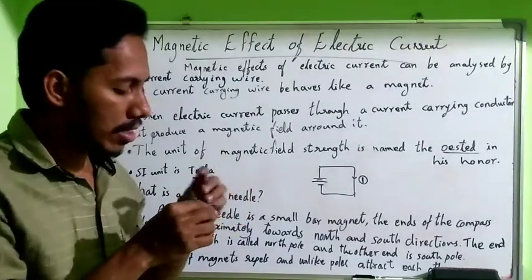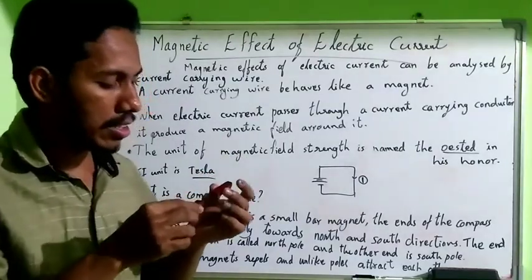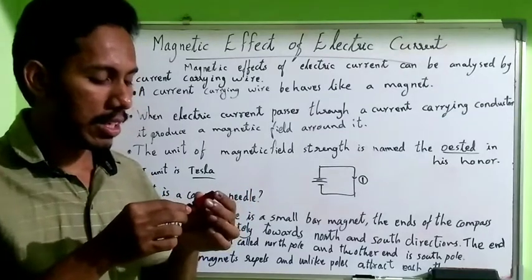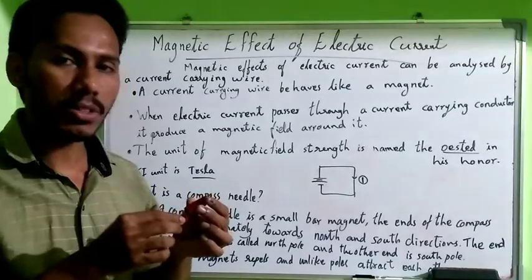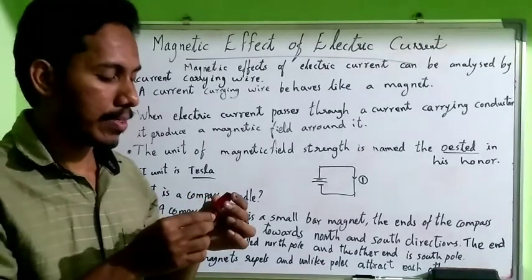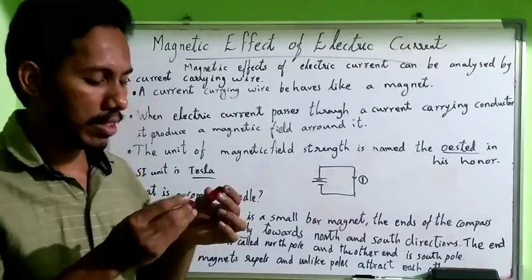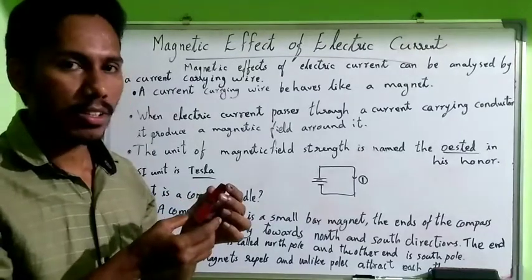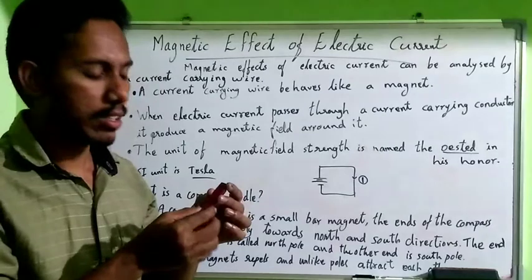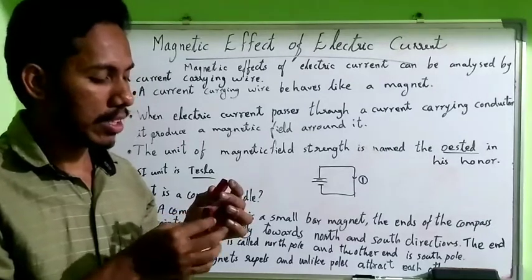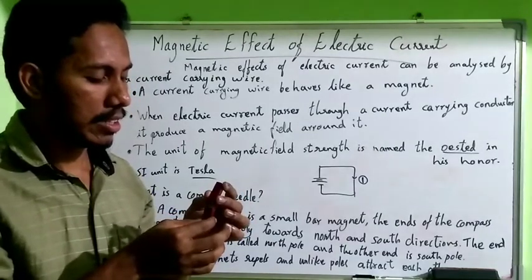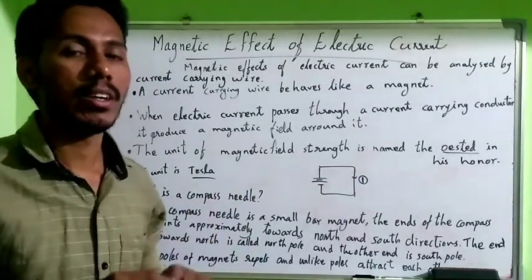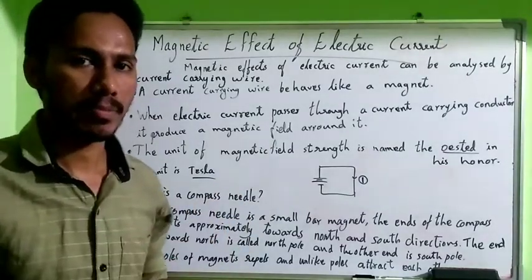You can see like poles repel each other. Then unlike poles, south and north, attract each other. Unlike poles attract, like poles repel each other. This is a property of any bar magnet.